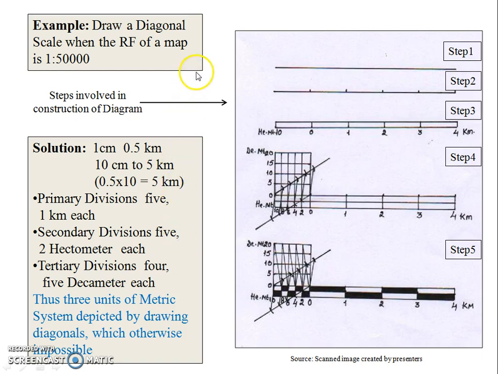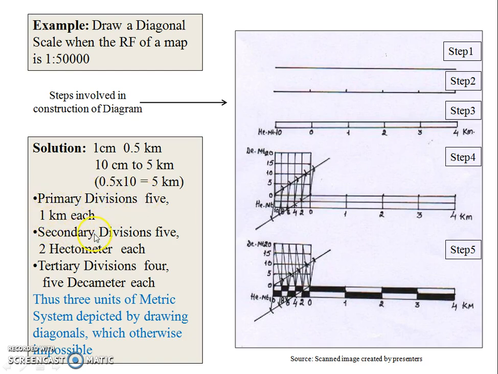Now, by taking an example, we discuss each step of construction of diagonal scale. In the given example, RF is 1:50,000. So, as per the calculations, length of line comes to 10 centimeter. It is divided into 5 divisions showing 1 kilometer each.